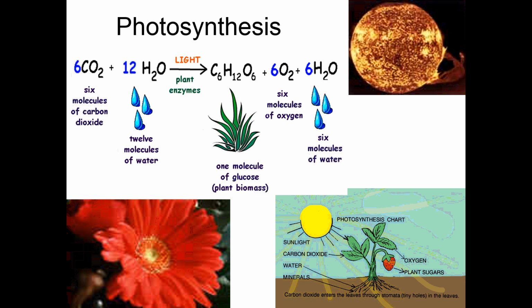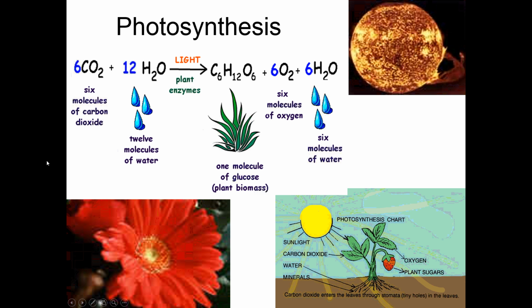The process by which energy is transformed from radiant energy into chemical energy is photosynthesis. You probably know all about photosynthesis. I'm sure in biology you learned the ins and outs of the whole reaction. If you look at the screen, you have the chemical equation for photosynthesis.